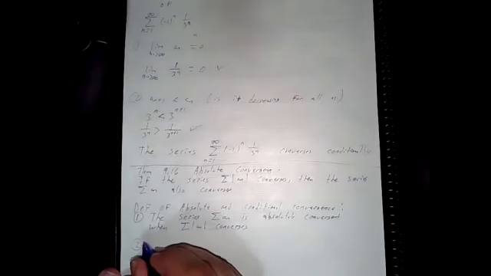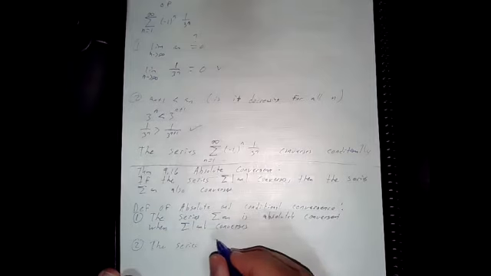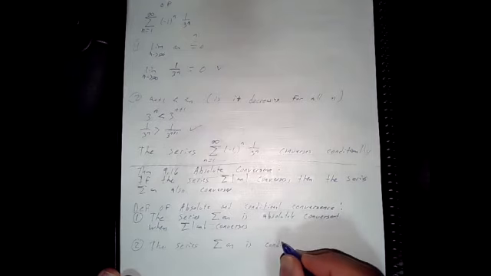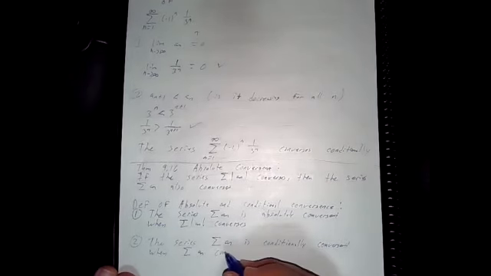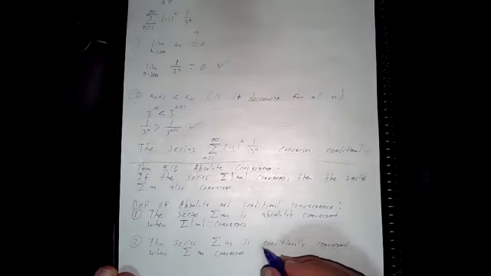Number 2, the series of a sub n is conditionally convergent when the original, basically when the alternating part converges, but the absolute value series diverges.